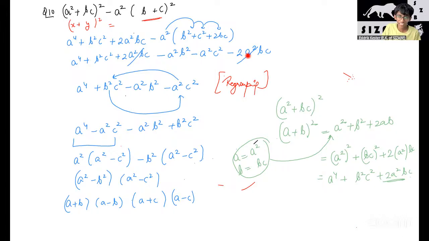The second one. See, this is minus a square, can you see that minus a square? Minus a square, minus 2a square bc. So this is plus 2a square bc, and this is minus 2a square bc, which becomes 0 because plus 2 and minus 2 is 0. Understood, guys? No.